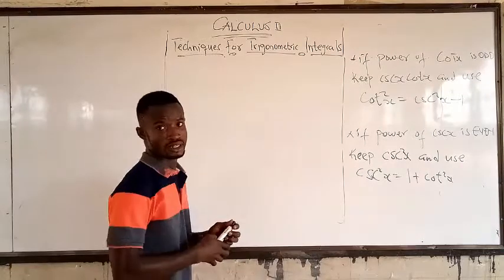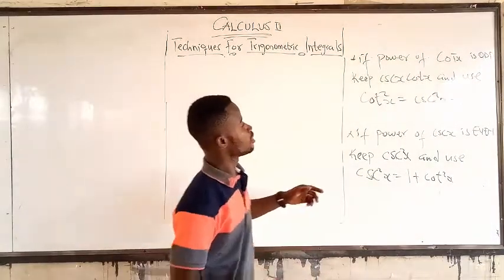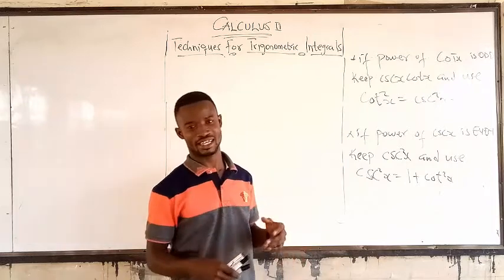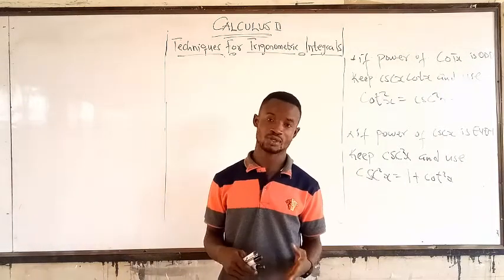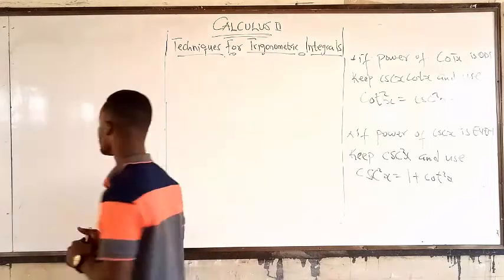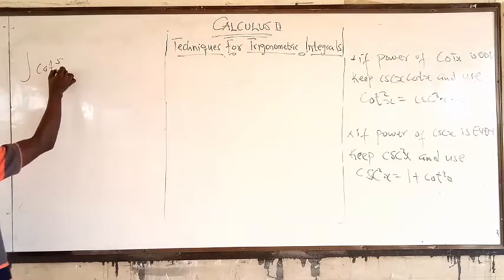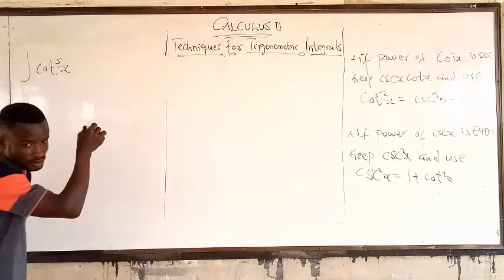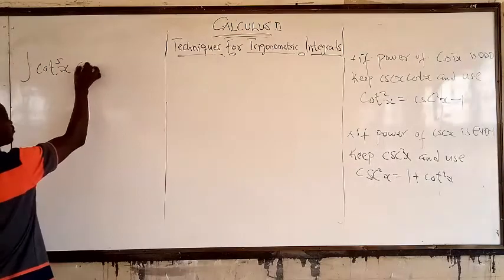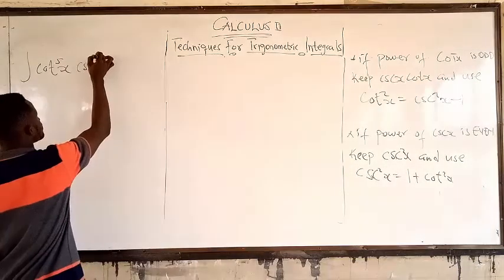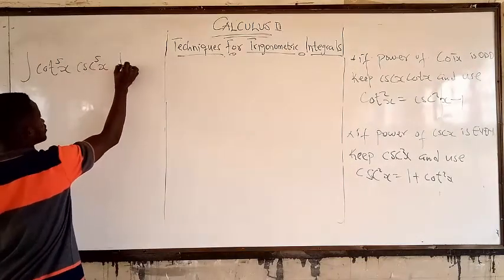Alright, let's look at the case where we are dealing with cot and cosec. So for instance, a question like the integral of cot to the power 5x cosec x to the power 5 dx.